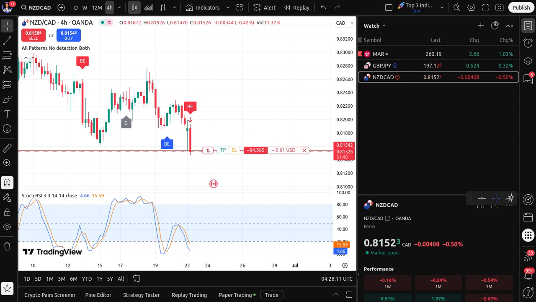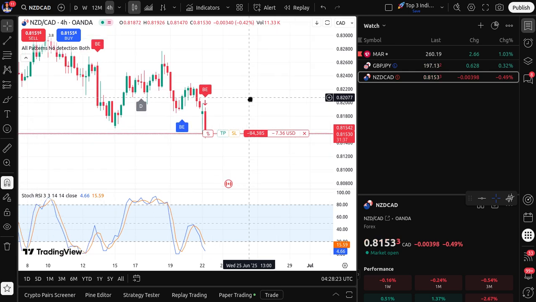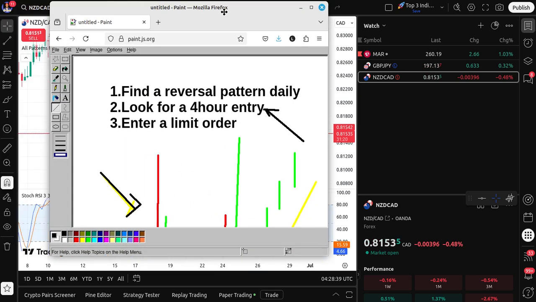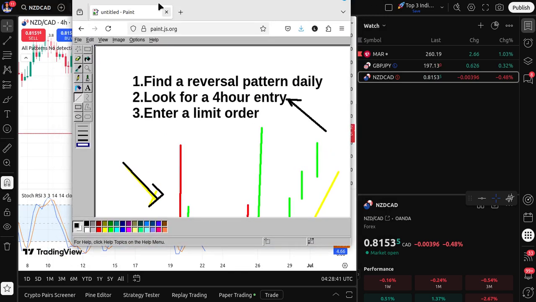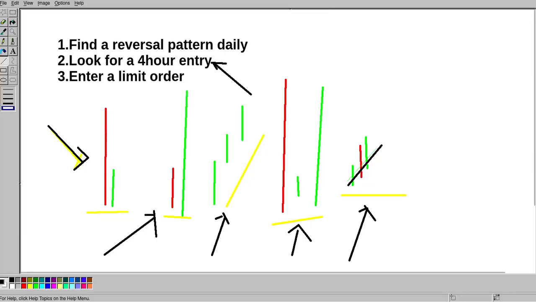All right, now there are two schools of thought when it comes to trading. Okay, so now I think I can bring this here to try and explain to you exactly what's happening.